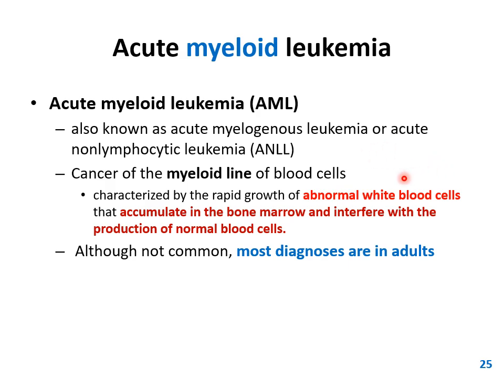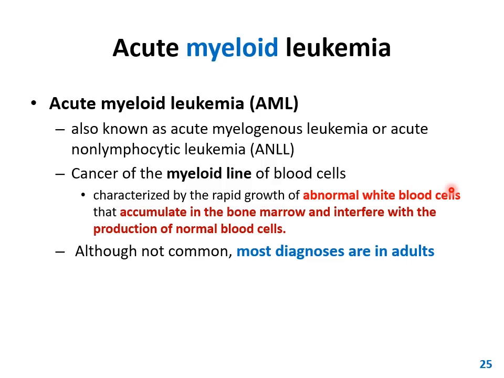So when you have this type of cancer, you're going to produce a lot of abnormal white blood cells of this lineage, and the overproduction of these blood cells in the bone marrow is going to mess up the production of the other formed elements of the blood.